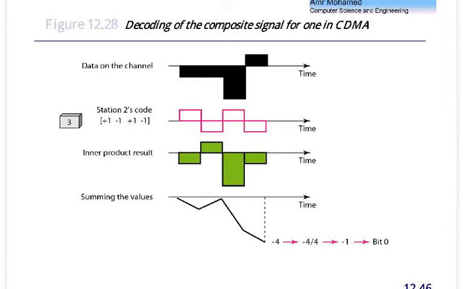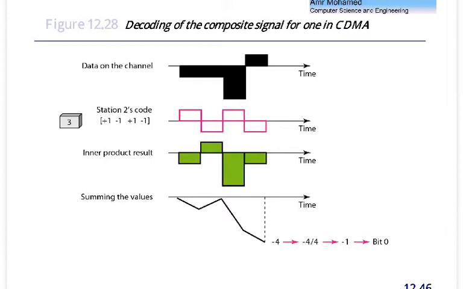Okay? And then we take minus 4 and divide by the number of nodes, which is 4, which means that we get the average of this signal. If it's less than 0, then it's minus 1, which is 0. If it's more than 0, then it's 1, basically. Okay.